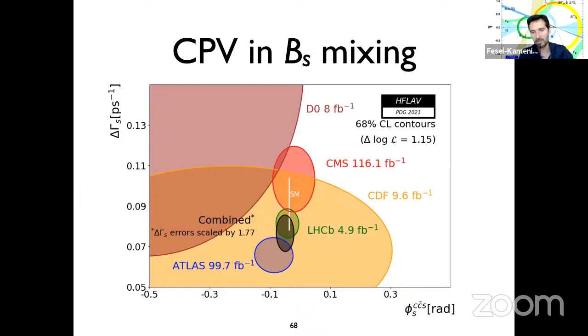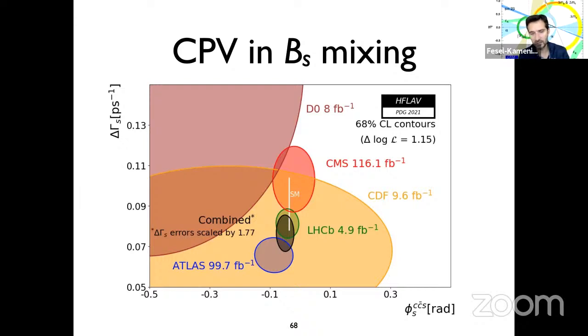And we see that the current state of the art, so this phase is very precisely predicted in the standard model. The standard model, in white, you basically don't see the width of the standard model prediction in the phase, while the delta gamma S is much more difficult to predict in the standard model. So there is a big uncertainty in that. But this can actually be determined with considerable precision already now experimentally.